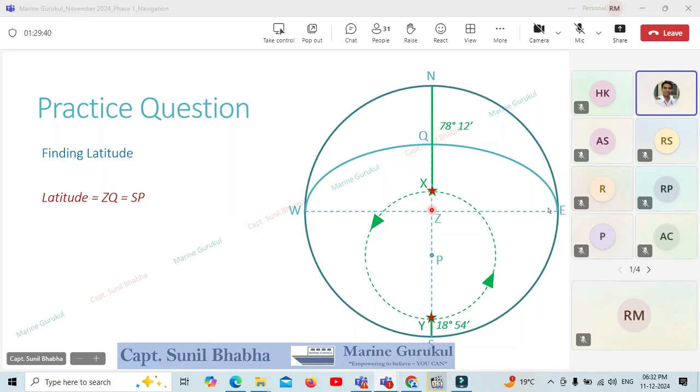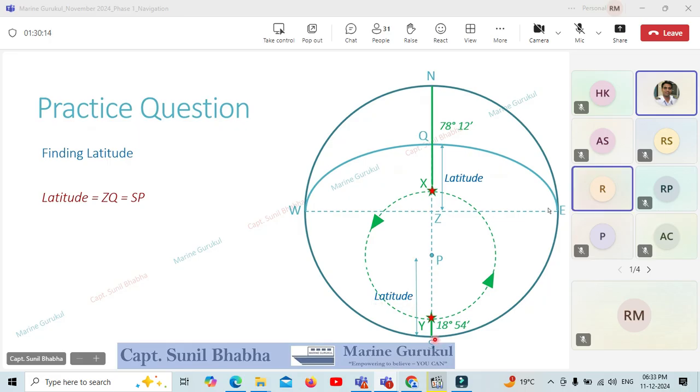So ZQ represents the latitude of the observer, and this is equal to PS or SP. SP or PS is the elevation of the pole, and we are aware that the elevation of the pole is always equal to the latitude of the observer. So if we find out the value of PS, it will give us the latitude.